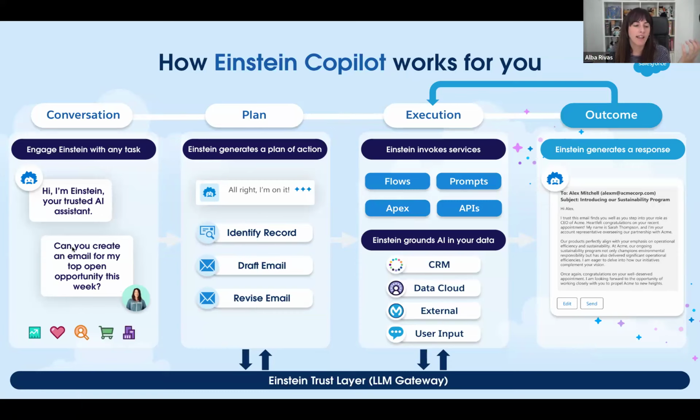And if you say, can you create an email for my top open opportunities this week, it's able to understand that it needs to identify a record, then it needs to draft an email, and then it needs to revise an email. And obviously, this plan is being created doing calls to a large language model.